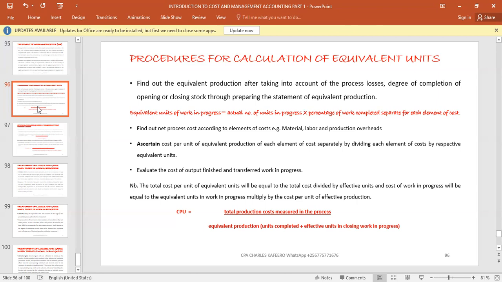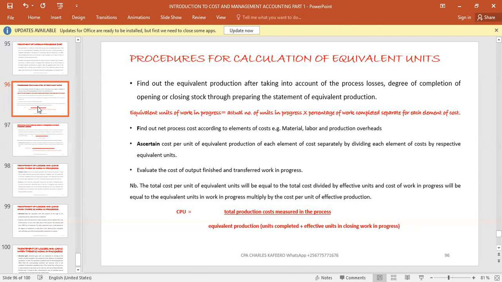Why are we computing these elements of cost separately? Because those work in progress units consume elements of cost at different rates. You may find that in a certain process we incur less costs than in other processes. That's why we compute using every element of cost, because they are consumed at different rates.